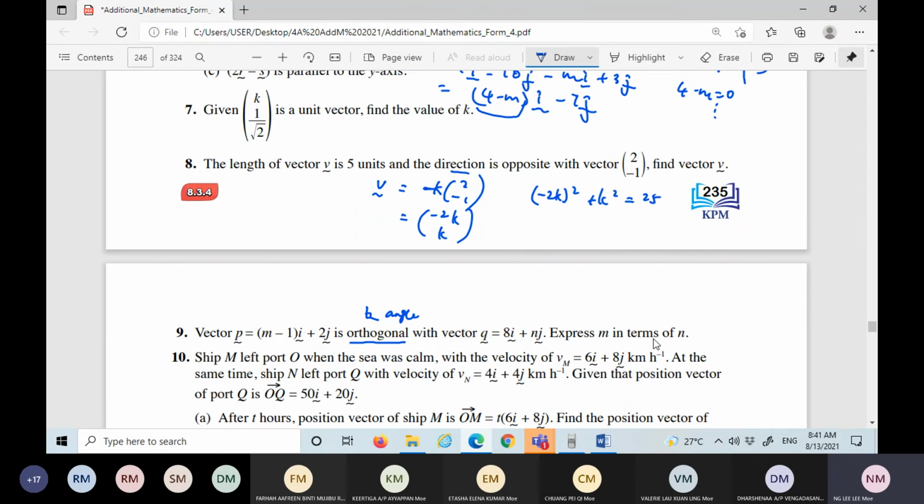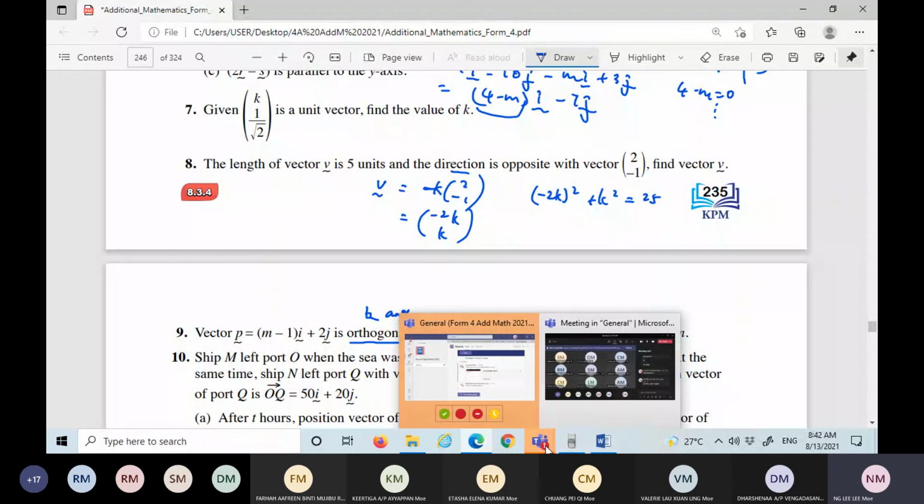Express m in terms of n. If they are perpendicular, what's the meaning? So far, you only learned about perpendicular, but not in this vector topic. Try to involve the previous topic.